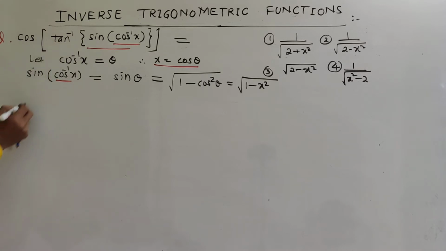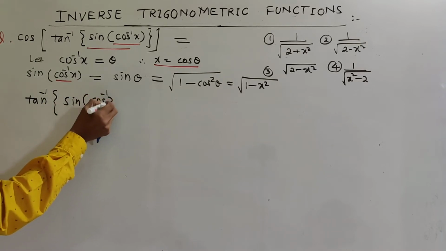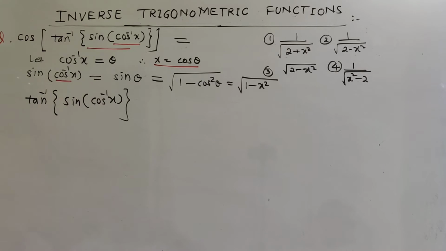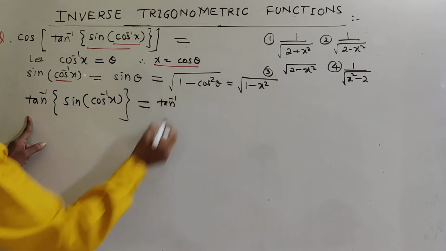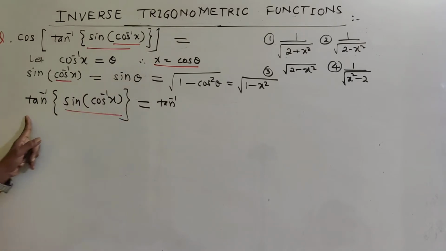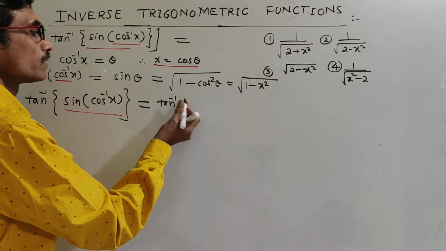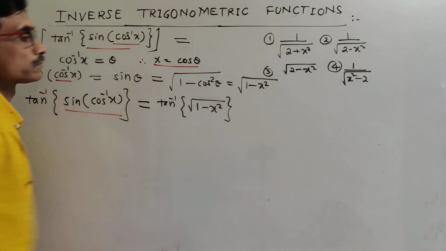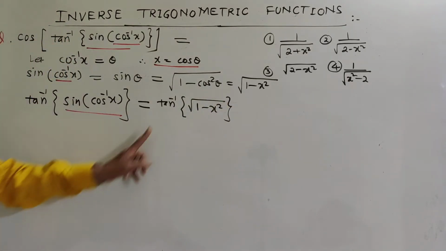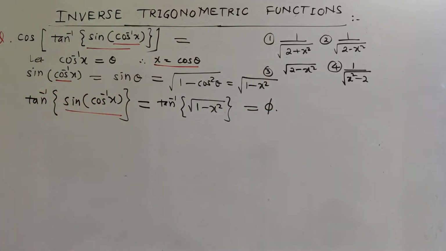Therefore tan inverse of sine of cos inverse of x is equal to tan inverse of root of 1 minus x square. Now let us take this equal to phi.